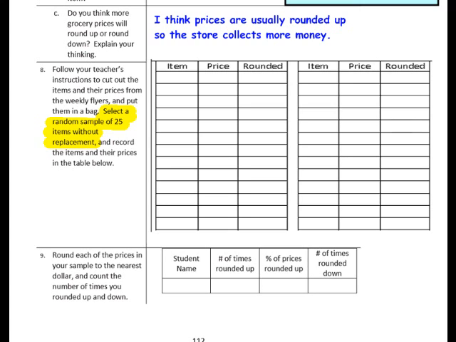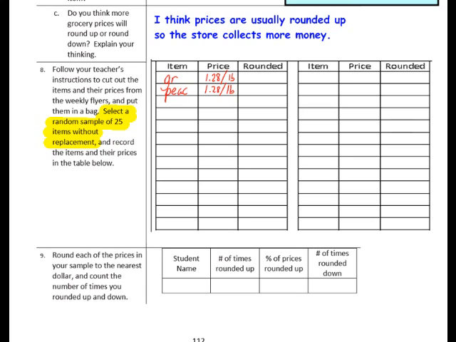So our first item is grapes, and I'm just going to abbreviate. The price of the grapes is $1.28 per pound. Then our next item is peaches, and these are $1.28 per pound as well.